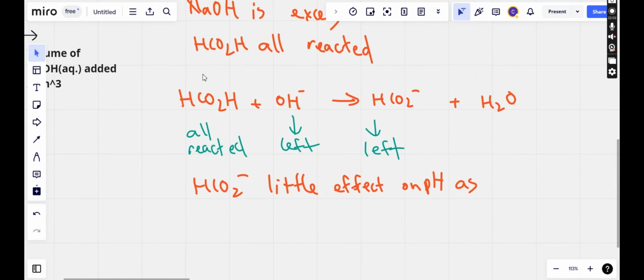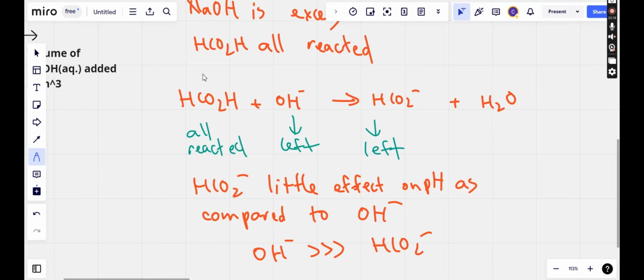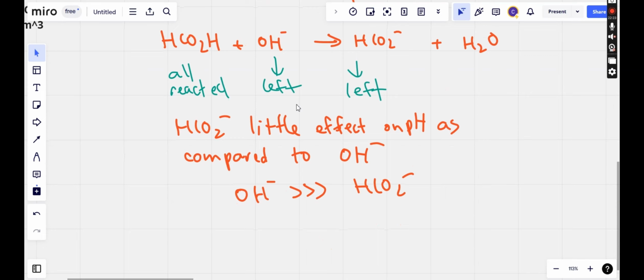OH⁻ is much stronger than HCO2⁻. So to calculate pH, you can just consider the concentration of OH⁻ to calculate pH.